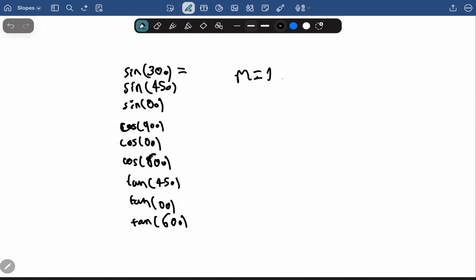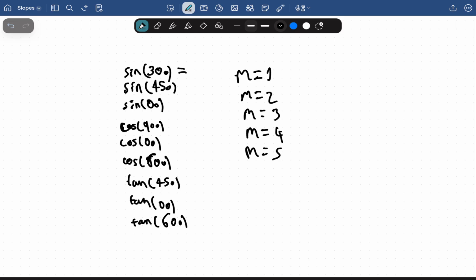M equals 1, M equals 2, M equals 3, M equals 4, M equals 5. So sine 30 degrees, if you don't know, 30 degrees is this little guy, M equals 4. So it's a square root.